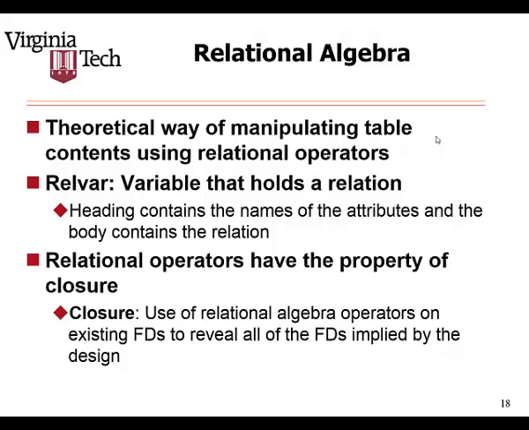What we're really doing as we design our system is recording or creating our functional dependencies. And when we create a set of functional dependencies, there's always another set of implied functional dependencies that go along with those that we have explicitly created. The closure is this idea that we can use relational algebra to make sure we know of all the functional dependencies that are in our system. Even if we haven't designed them specifically in our system, we can apply this algorithm and these techniques to make sure that we are aware of all of the functional dependencies that might exist.